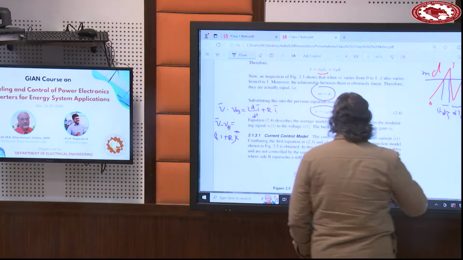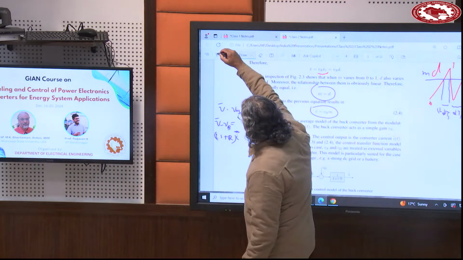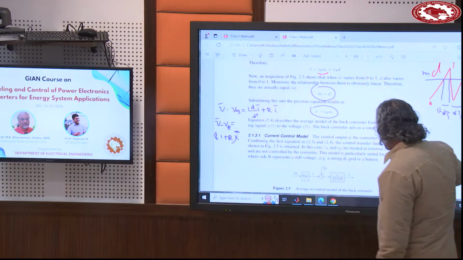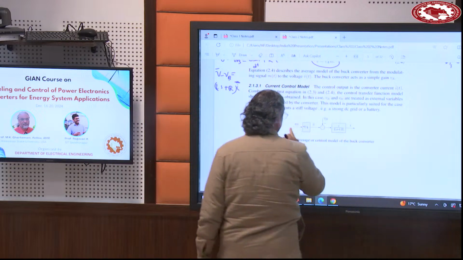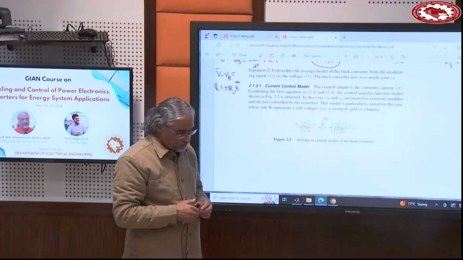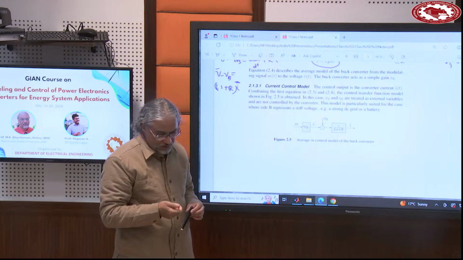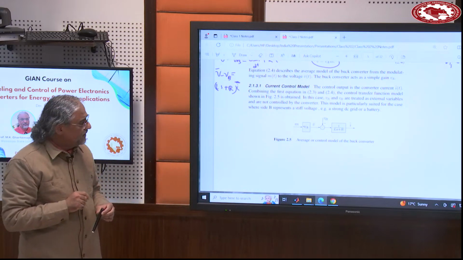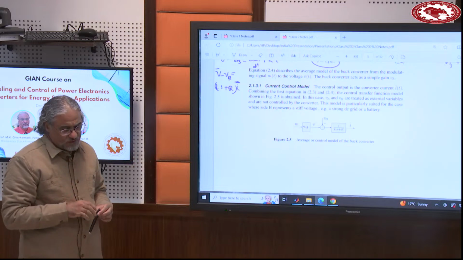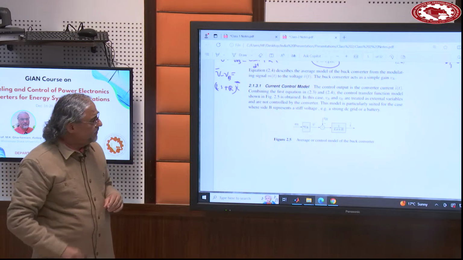Also, another thing we can say about this model is, if you look, the input to this model is M, the modulation index, which is a control input. In other words, you can change it in your control circuit. That's the modulation signal to the input to the PWM.